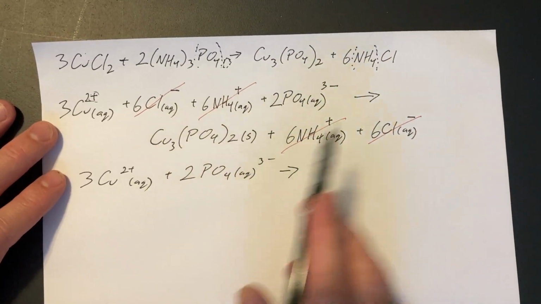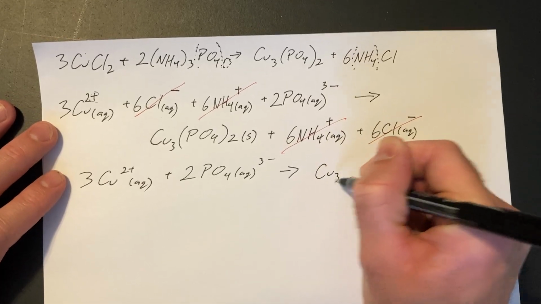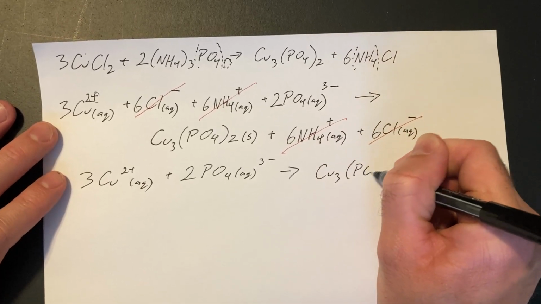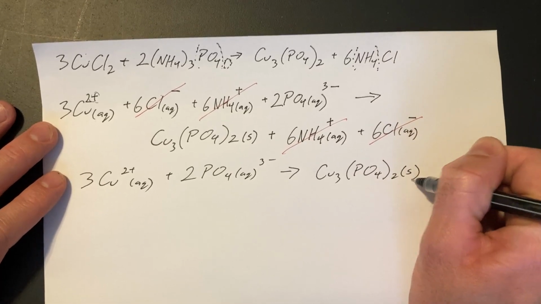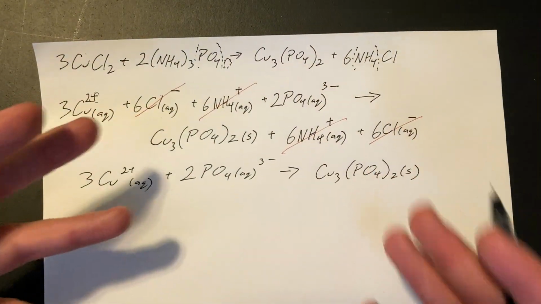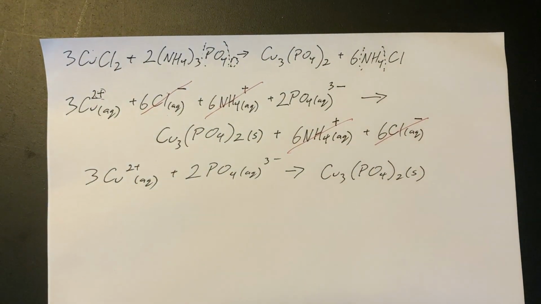And I'll recopy my precipitate product because it changed from the reactants to the products. Make sure I get that S on there. And you're done. That's it. That's your net ionic equation.